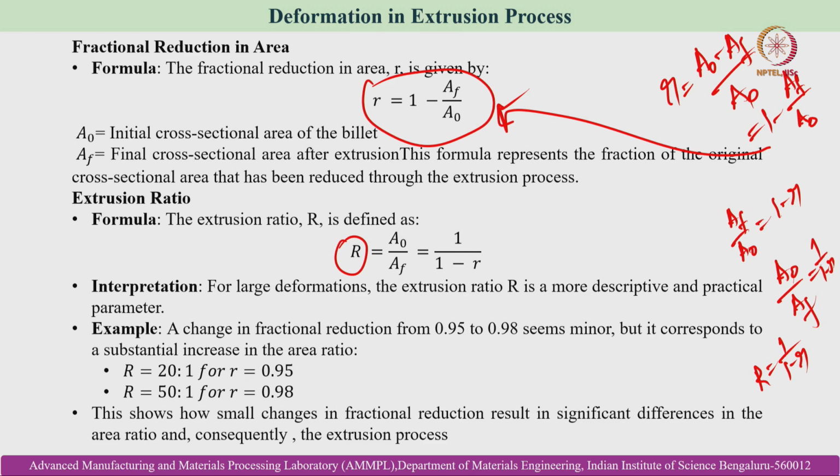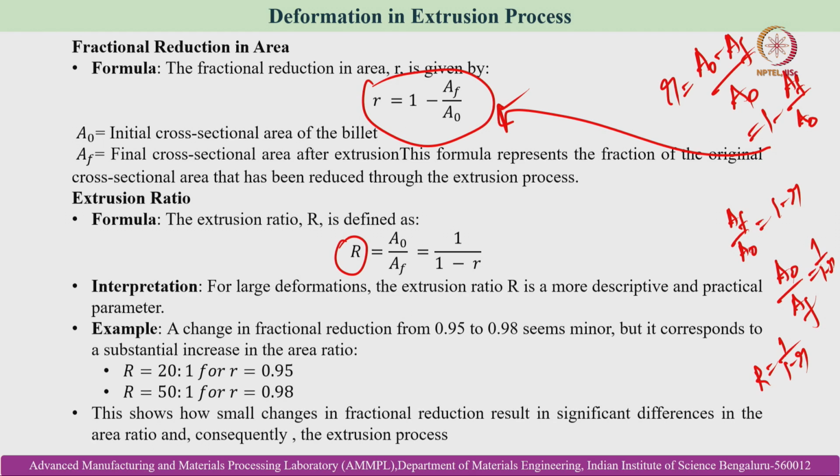Okay. So the interpretation: for large deformations the extrusion ratio capital R is a more descriptive and practical parameter. This is a typical example. A change in fractional reduction from 0.95 to 0.98 seems minor, but it corresponds to a substantial increase in the area ratio.